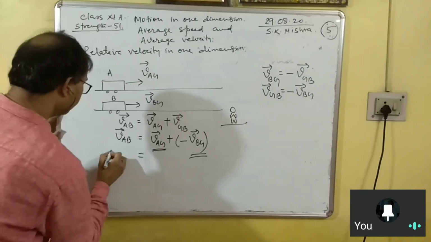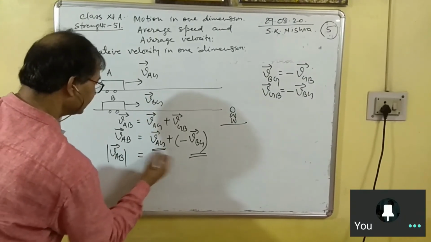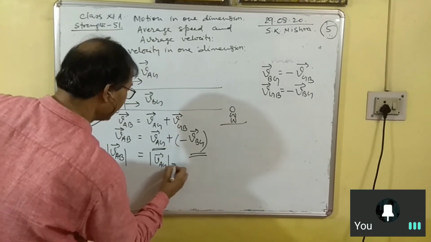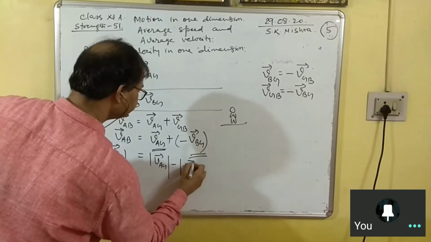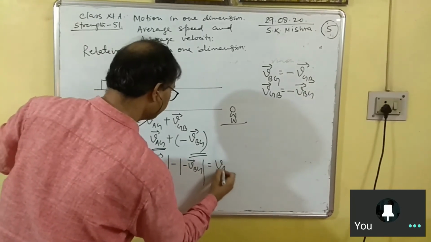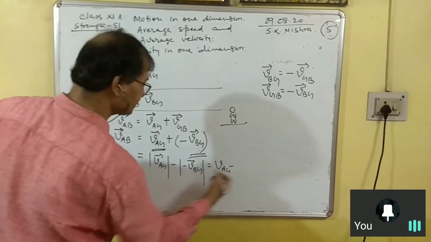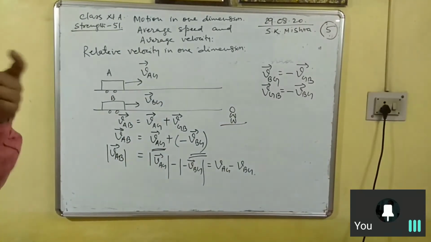So mod of VAB, if you are taking magnitude, is mod of VAG minus mod of VBG. So this is VAG only minus, and then negative, mod of negative is positive only. So this is VBG. Now we are taking magnitude only.